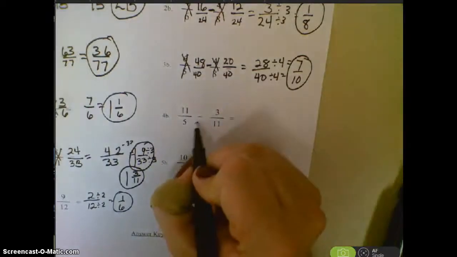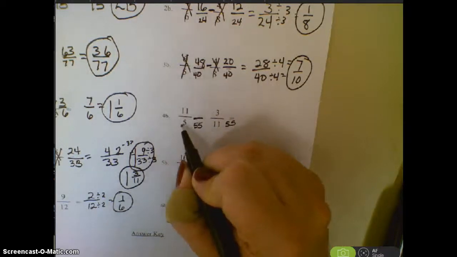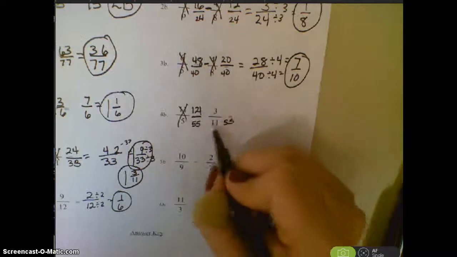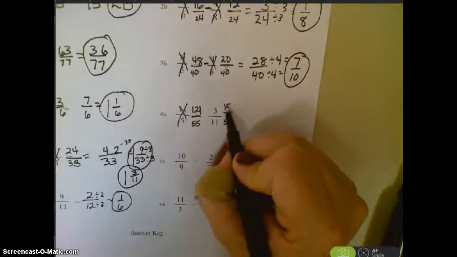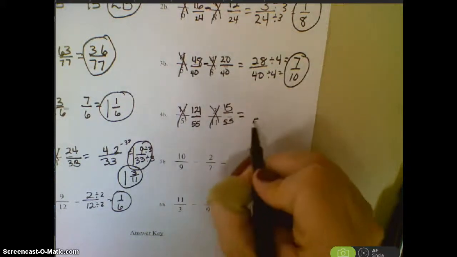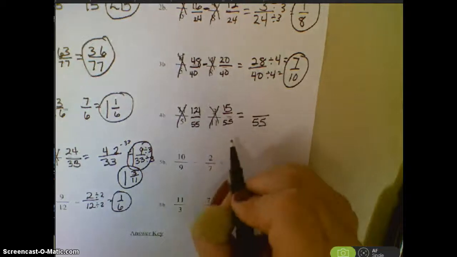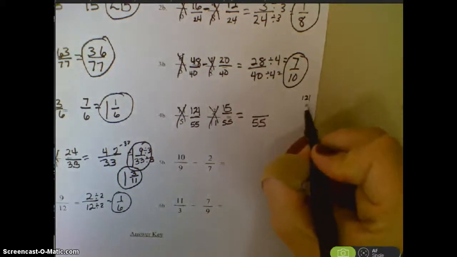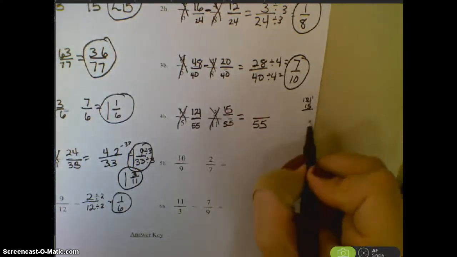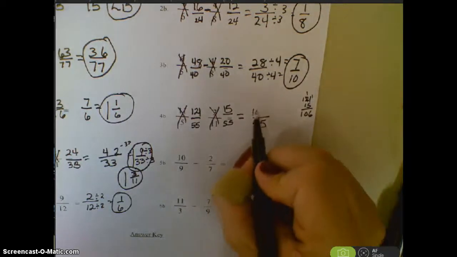Let's do a common denominator of 55 for this one. We're going to multiply times 11. 11 times 11 is 121. And this one is times 5, so we'd get 15 55s. Keep our denominator 55. Got a strange number up here. I'm going to do a little side subtraction because I'm having a hard time doing it in my head here. 106 over 55.